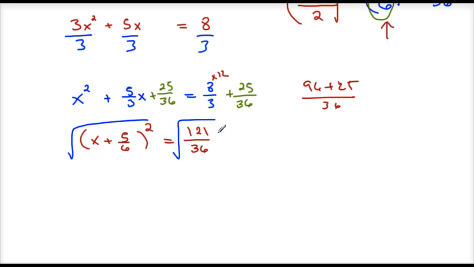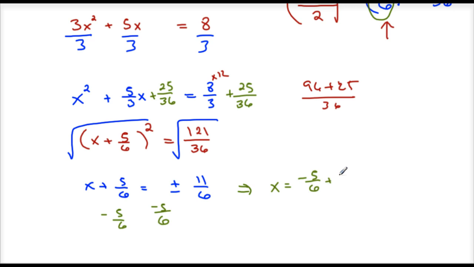Take the square root of both sides. x plus 5 over 6 equals plus or minus 11 over 6, taking the square root of 121 and the square root of 36. Subtract 5/6 from both sides. So I'm going to get x equals negative 5/6 plus or minus 11 over 6.